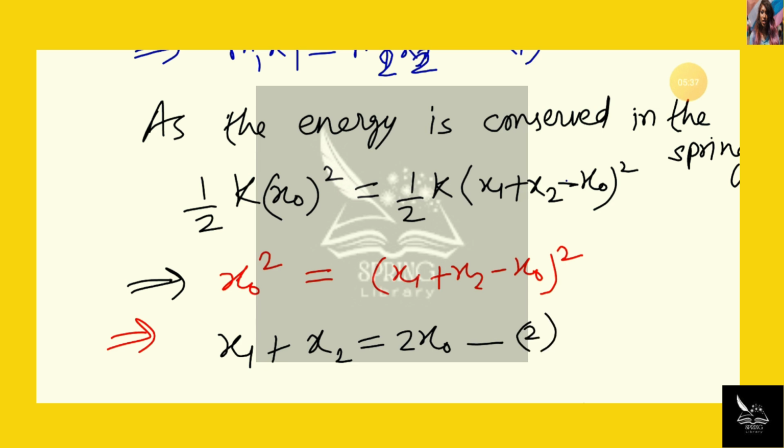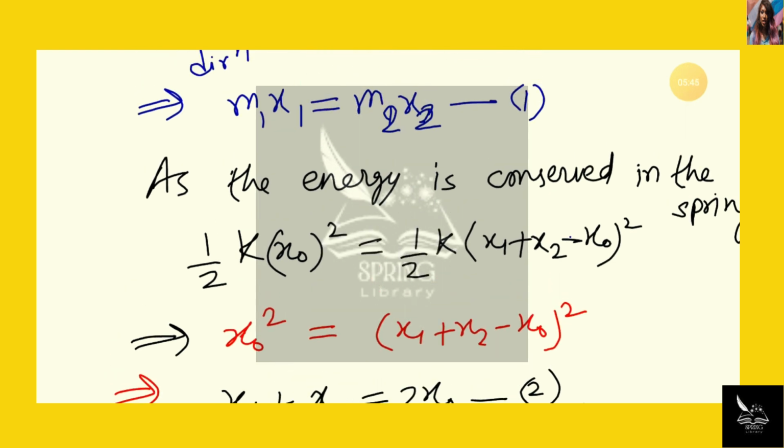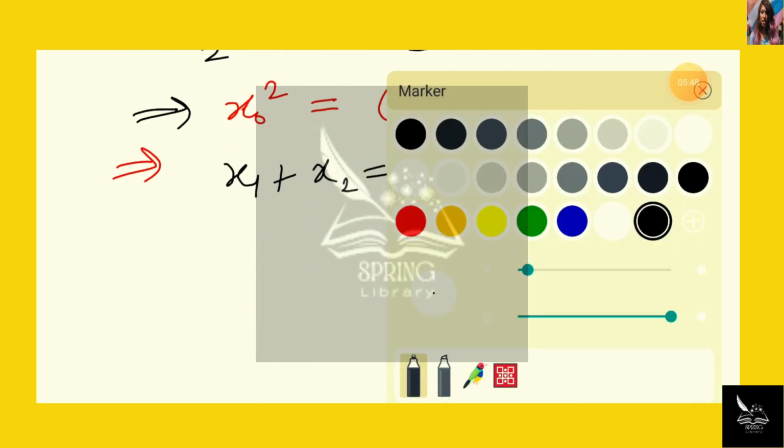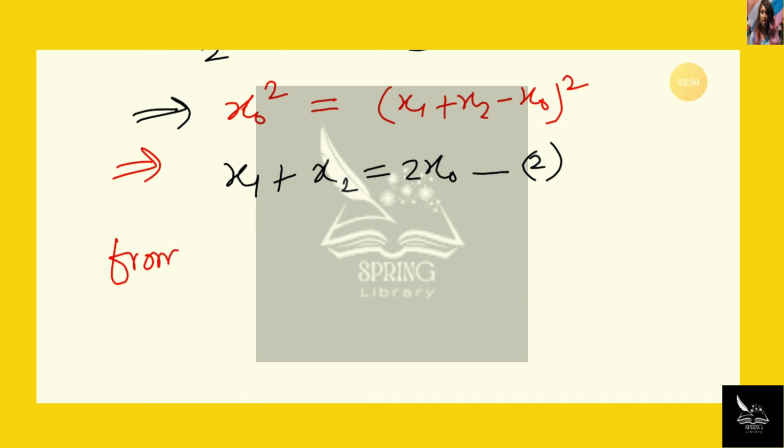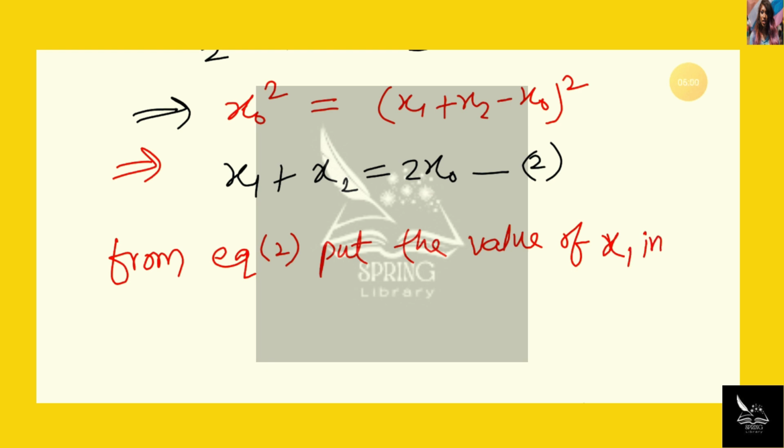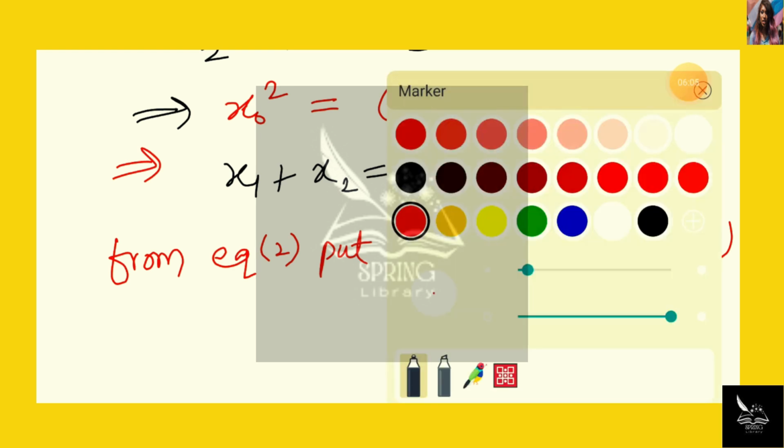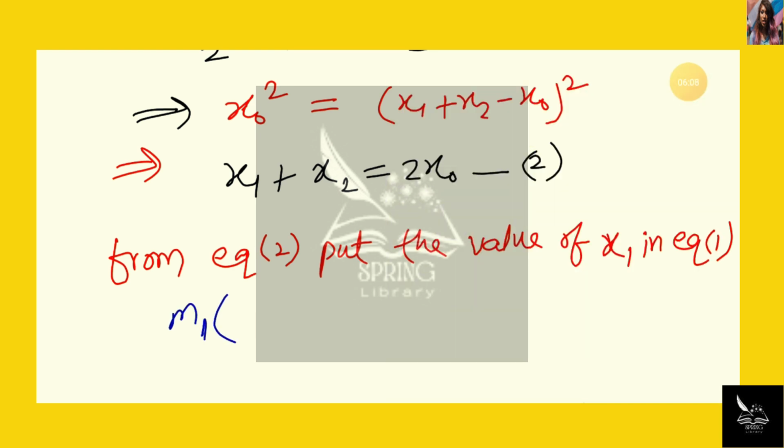Now the next step is to use equation number 2 and put the value of x1 in equation number 1. So from equation number 2, put the value of x1 in equation number 1, so it will be written as m1 multiplied by (2x naught minus x2) is equal to m2 x2.